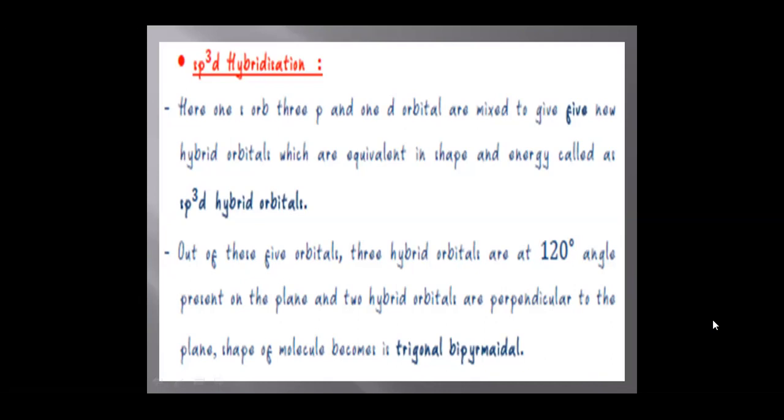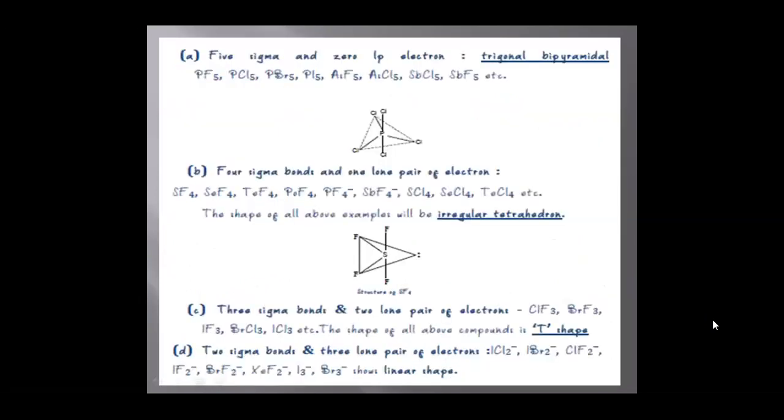Out of these 5 sp3d hybrid orbitals, 3 hybrid orbitals are at a 120 degree angle and lie in the plane, and 2 hybrid orbitals are perpendicular to the plane. The shape of the molecule is trigonal bipyramidal. So 5 sigma bonds and 0 lone pairs of electrons form trigonal bipyramidal. For example, PF5, PCl5.